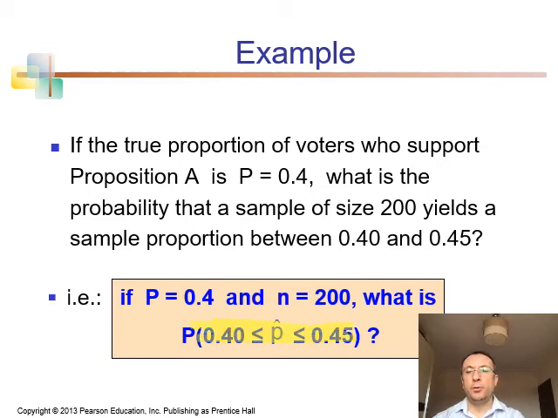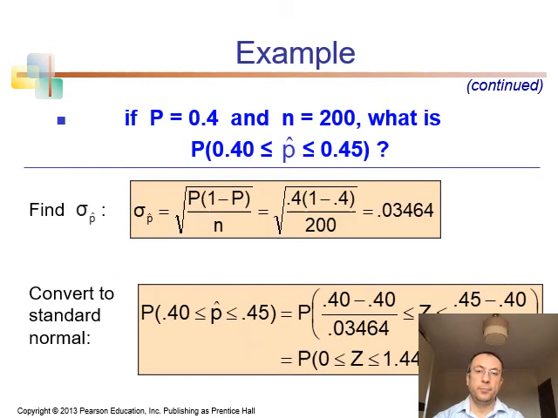Again, what we need to do is convert this into a standard normal distribution. And here we do this. The mean is the same. The mean is 0.4, the mean proportion. And the standard deviation of the proportion, we use the formula to calculate here.